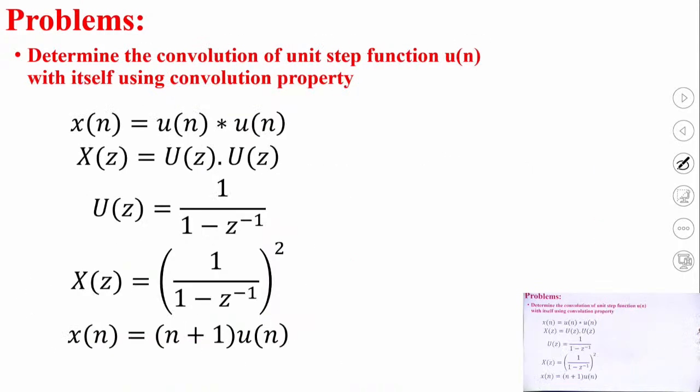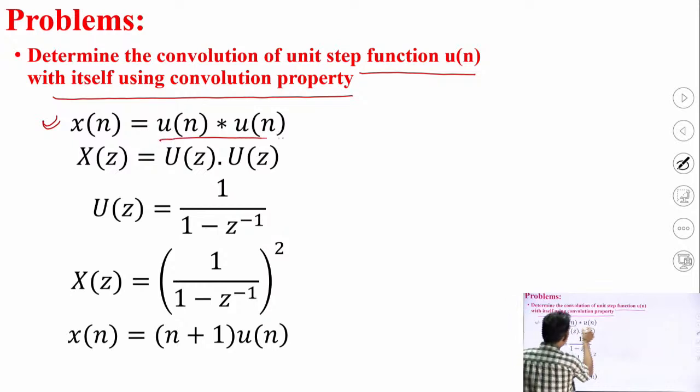This is again a simple question: determine the convolution of the unit step function u[n] with itself using the convolution property. Our sequence is x[n] equals u[n] convolved with u[n], and you know the convolution property of the Z transform: convolution in the time domain corresponds to multiplication in the Z domain.